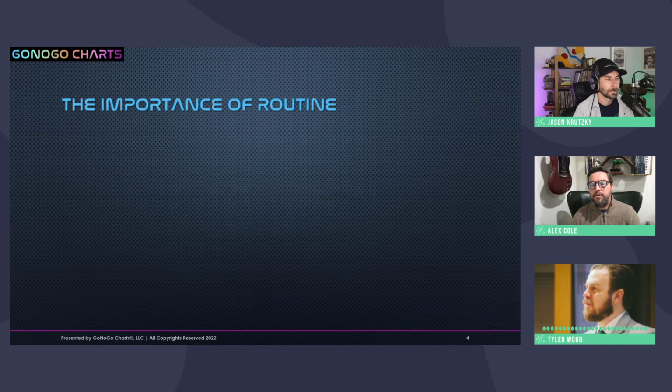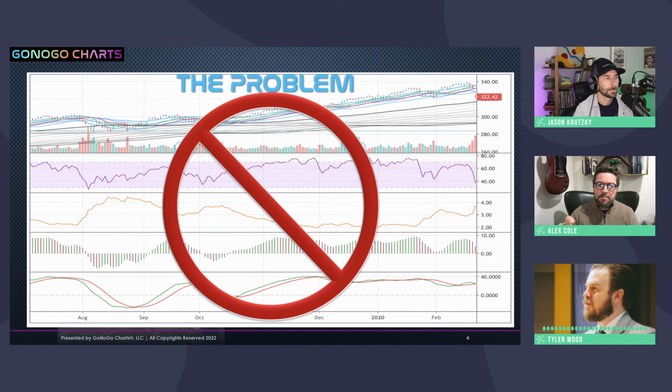But the problem that we've found is that then it gets complicated and you're left with a chart that is overwhelming. It's a chart that becomes hard to read because you can no longer see price action. You can't find key levels. You can't find important supply and demand areas on the chart in form of support and resistance. And we've seen this time and time again throughout our work in technical analysis.